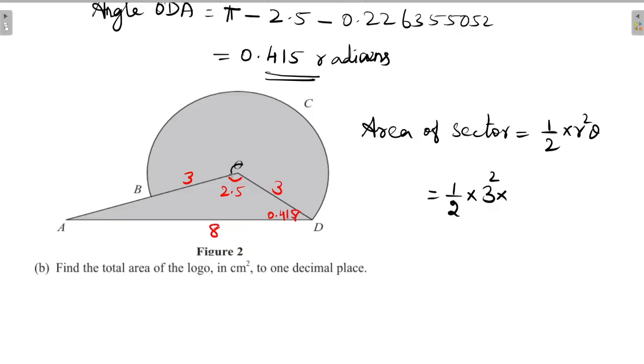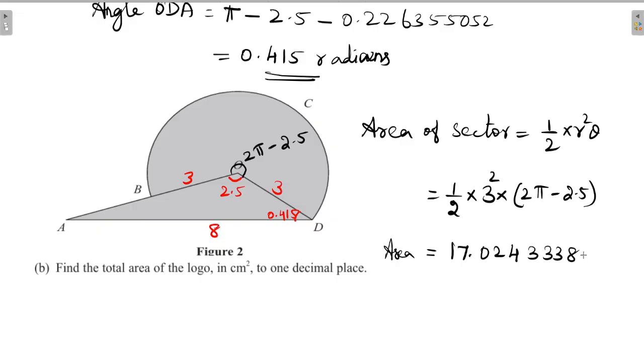The central angle is 360 degrees, which is 2 pi. So 2 pi minus 2.5. By using the calculator, the required area of the sector is 17.0243388.